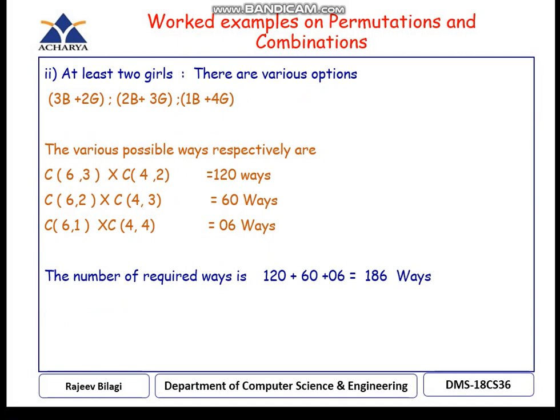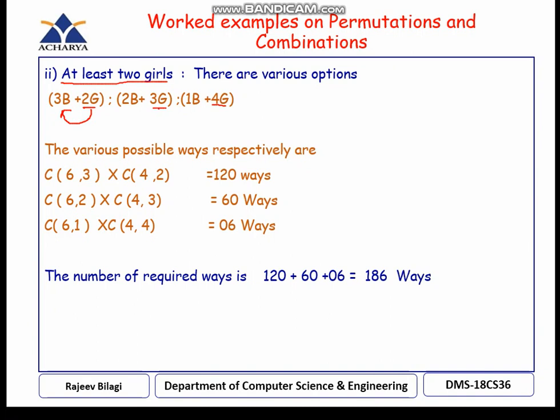The second option they have given is at least two girls. That means I can have a maximum of four girls, and even two girls. If I choose the minimum of two girls, then the remaining is three boys, because there should be five members in a particular council.